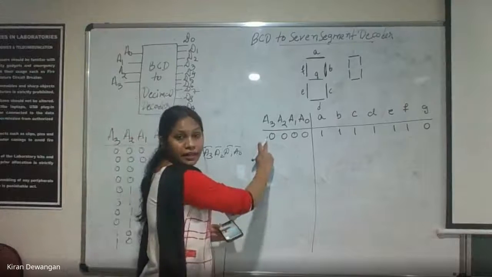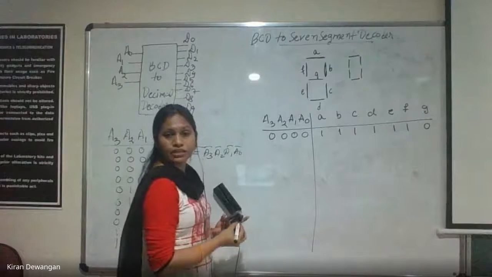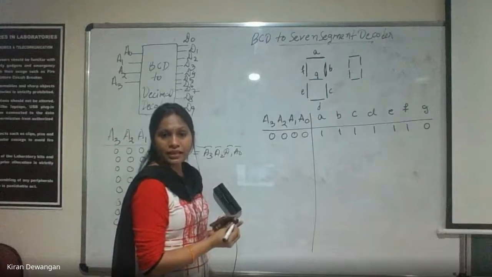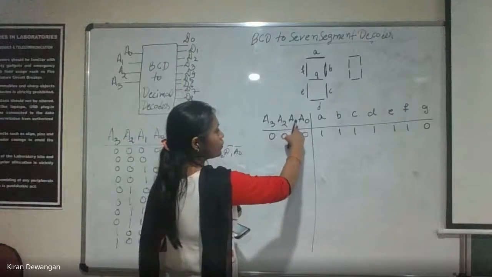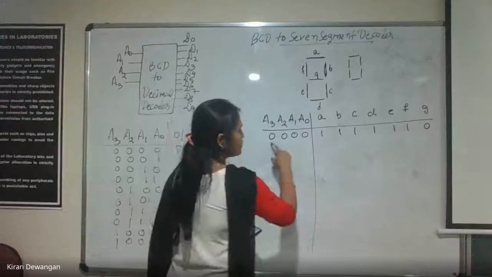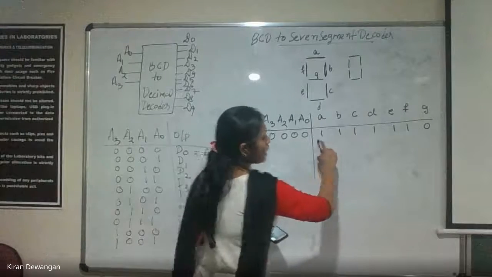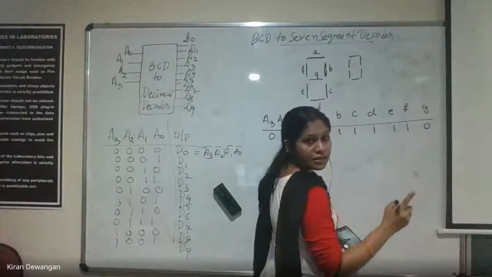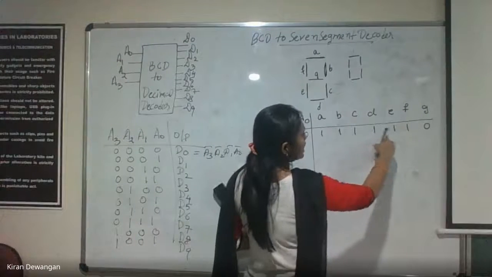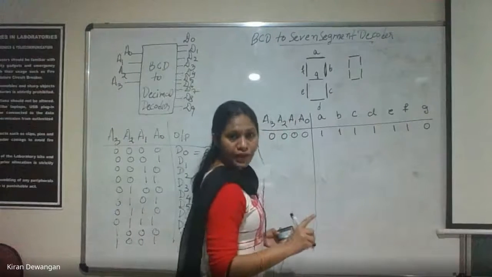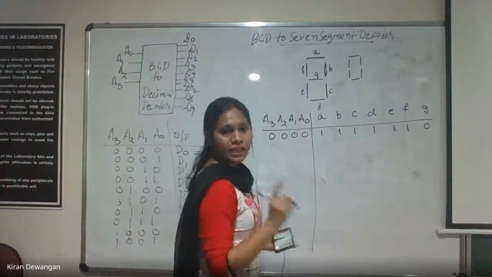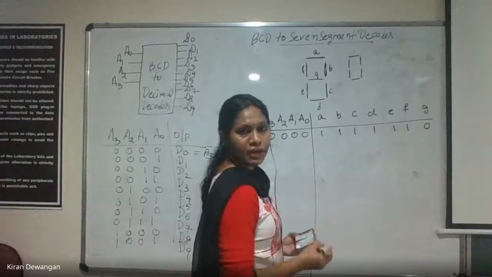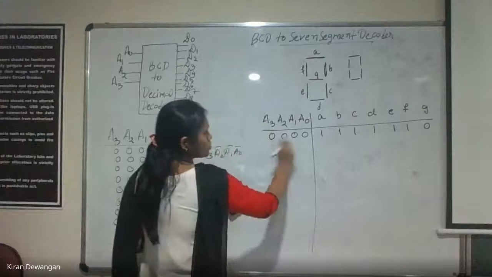Is this concept clear? Is this becoming clear, students? What I am telling is, with the combination of A3, A2, A1, A0, if I am giving 0, 0, 0, 0, these segments, that is A, B, C, D, E, F, should go high, and only G will be low. Only G will remain low. The rest will be high for 0.